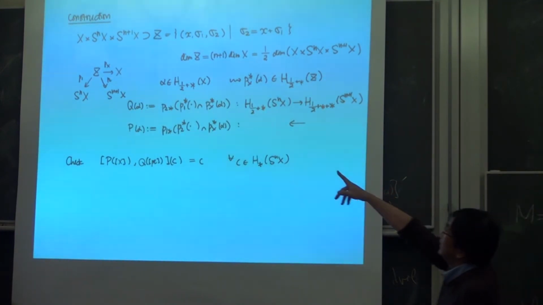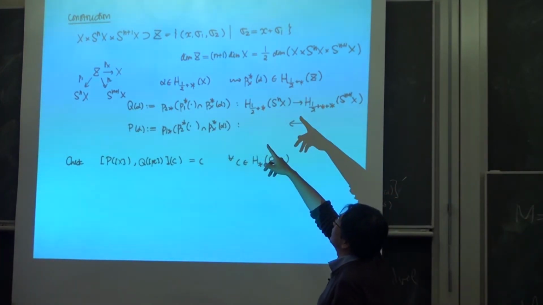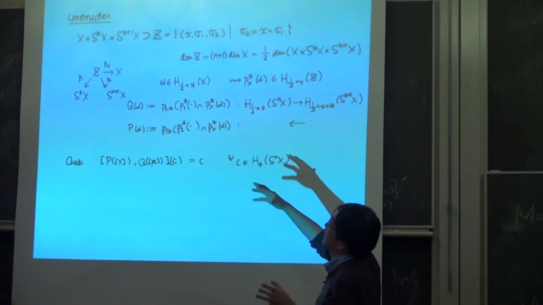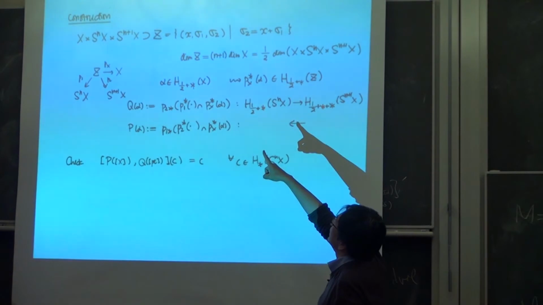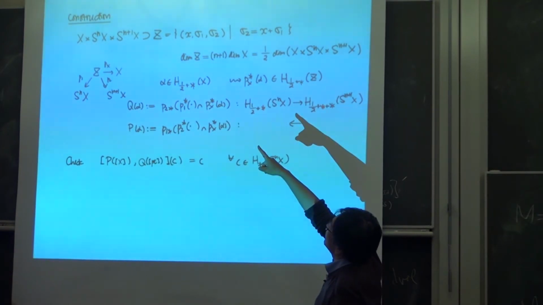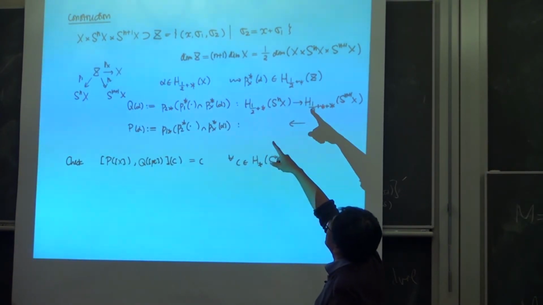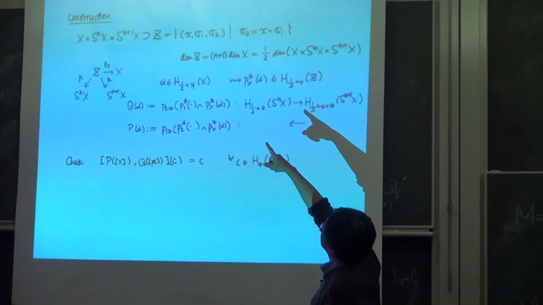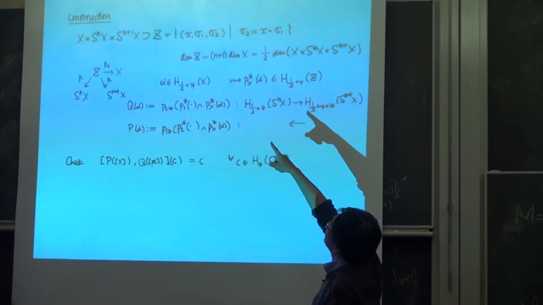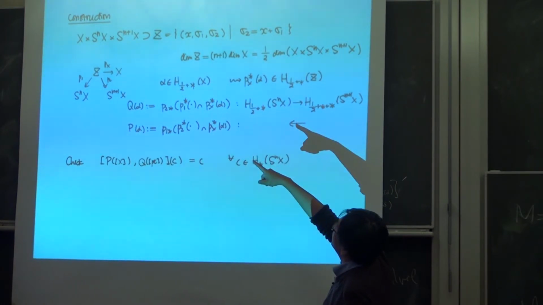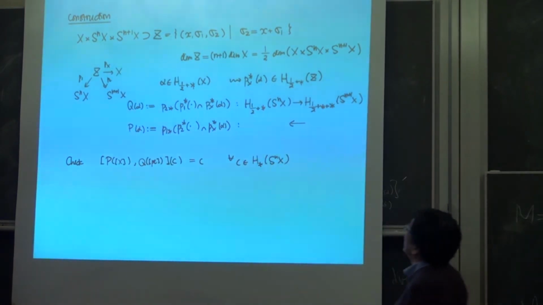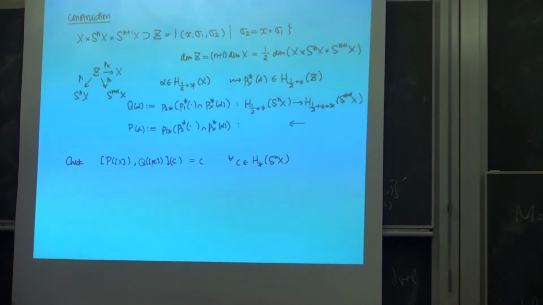So I have a canonical submanifold Z, which is given by this formula. It consists of triples x, sigma 1, sigma 2, where sigma 1 is an n-tuple of unordered points on X, and sigma 2 is an unordered n plus 1 points in X, and I have one other point, small x, in X.